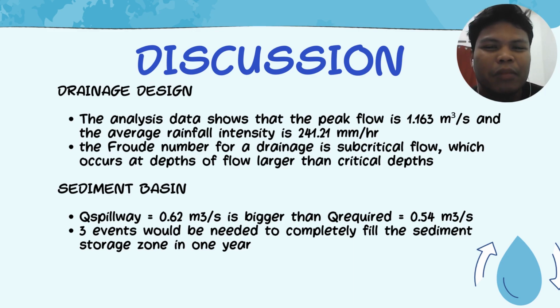For the sediment basin, our flow rate or Q spillway is 1.62 meter cube per s, which is bigger than the required flow rate, Q required, 0.54 meter cube per s. Three events would be needed to completely fill the sediment storage zone in 1 year.